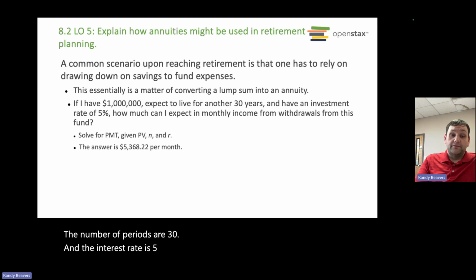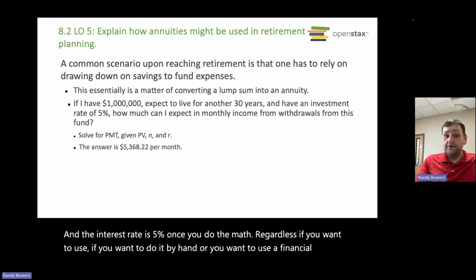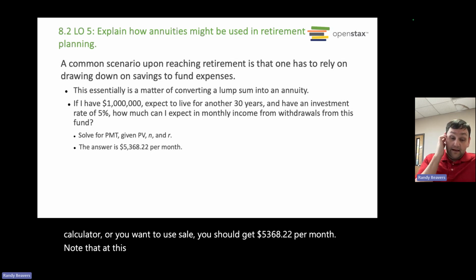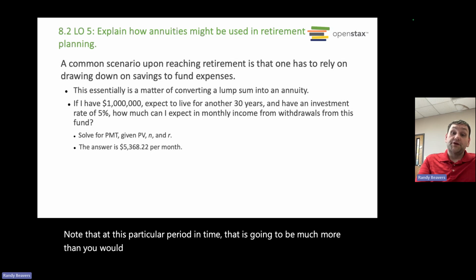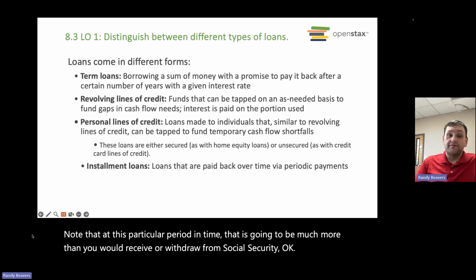Once you do the math, regardless if you want to do it by hand, or use a financial calculator, or use Excel, you should get $5,368.22 per month. Note that at this particular period in time, that is going to be much more than you would receive or withdraw from Social Security. So it's very important to save for retirement.